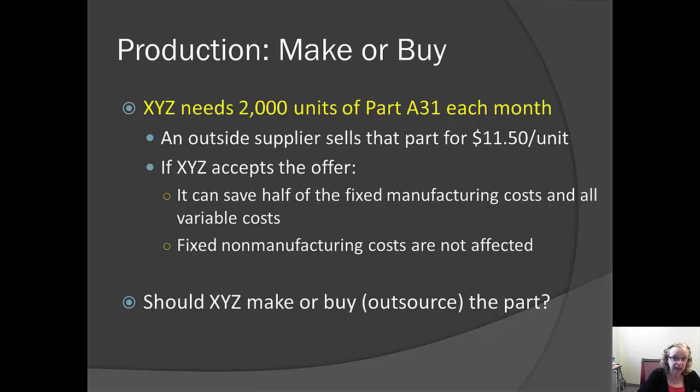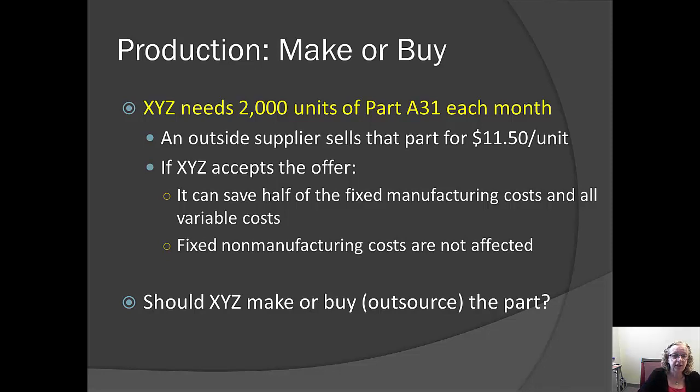And the question is, given that the firm needs 2,000 of these units each month, should it continue to make the component, or should it buy the component from an outside supplier for $11.50 per unit?